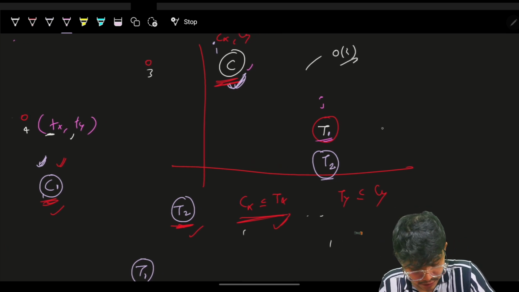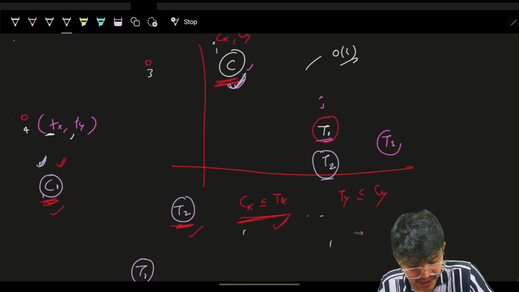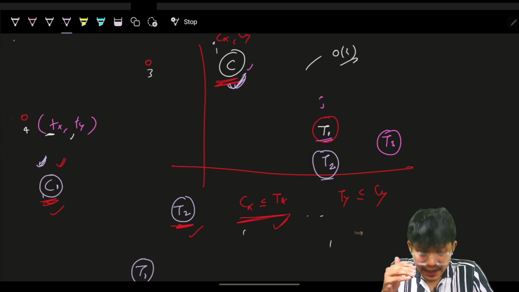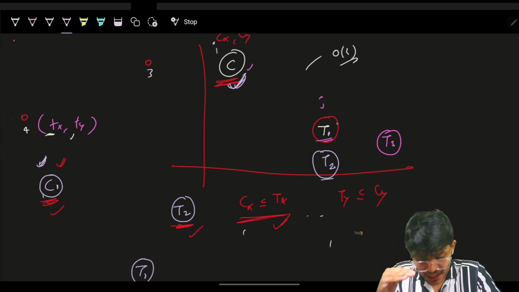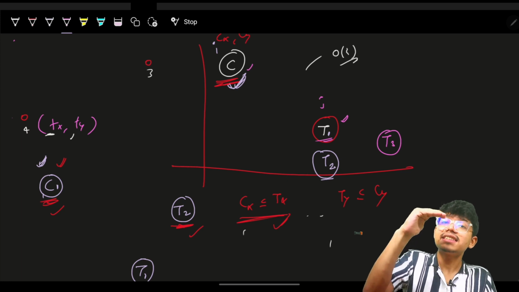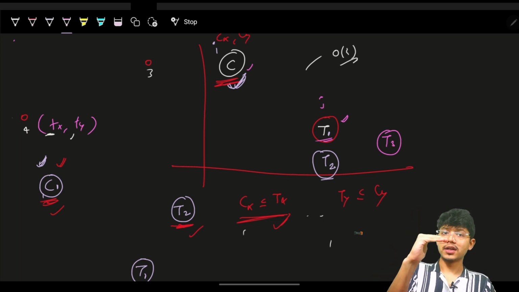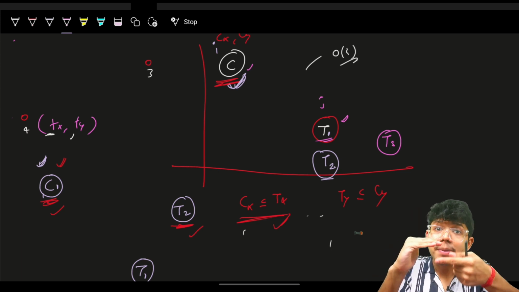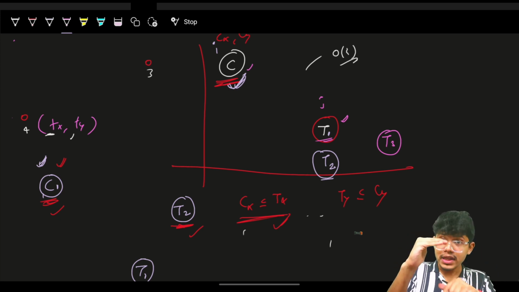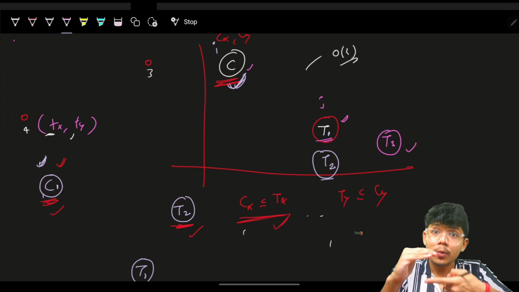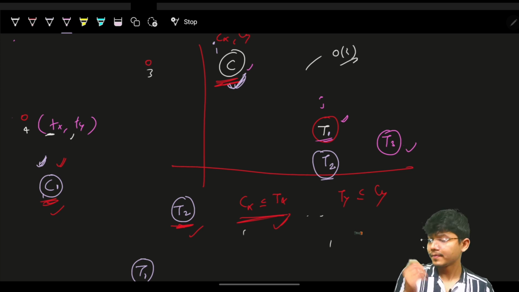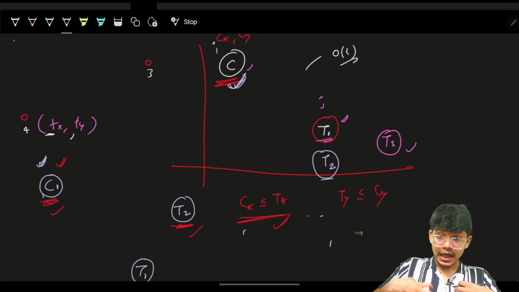What if my next coordinate, t3, is here? Again, it is in the lower bar. This t1 has set a benchmark. Any height which goes below me will for sure encounter me.